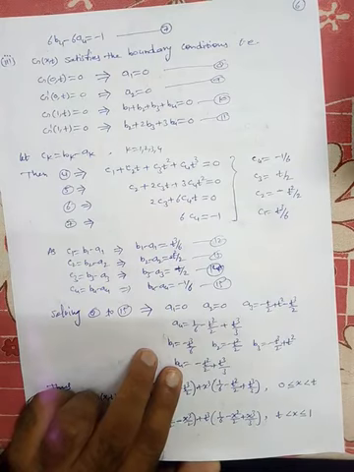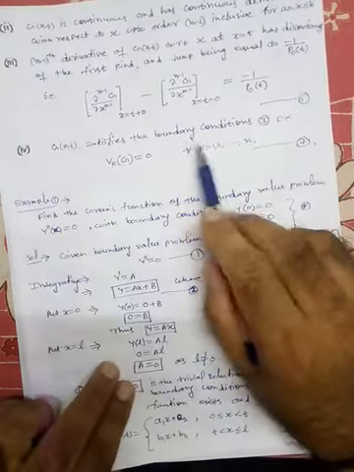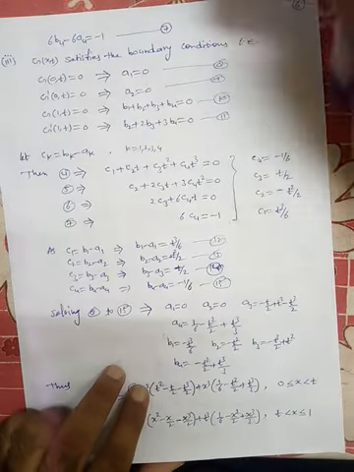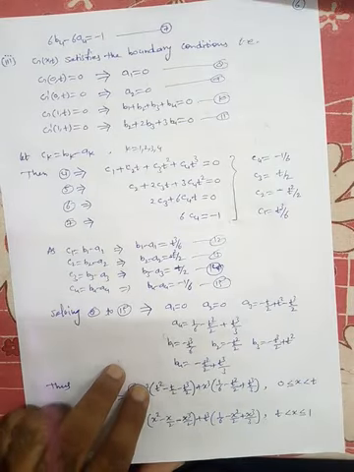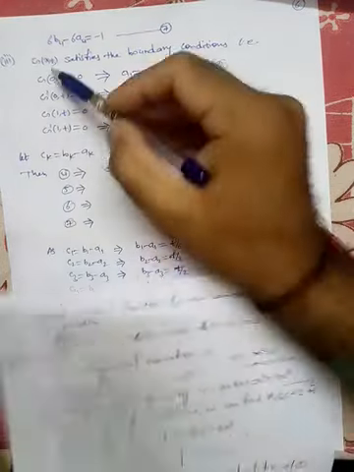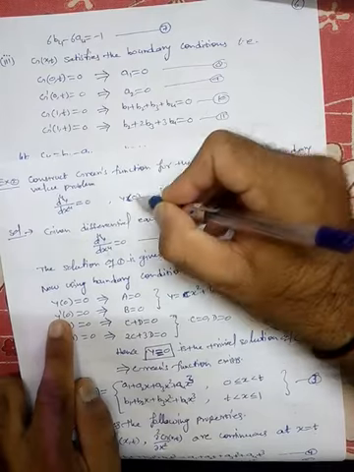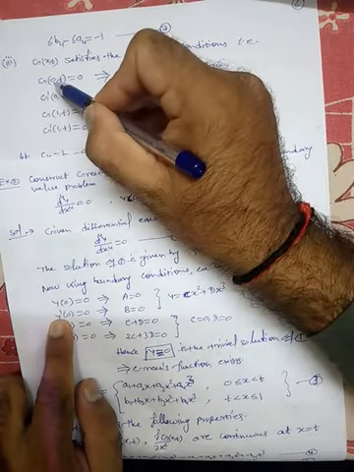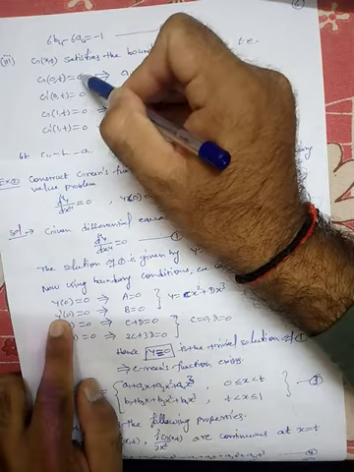And now the last condition. The last condition says that g(x,t) satisfies the boundary conditions. So here the boundary conditions are these 4. In the first condition, put x equal to 0 in g. So g at x equal to 0 and t will be 0.